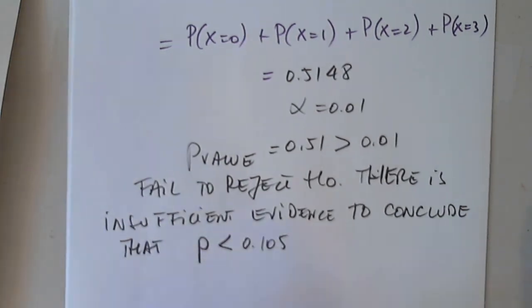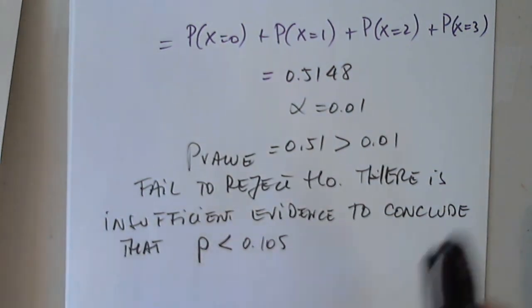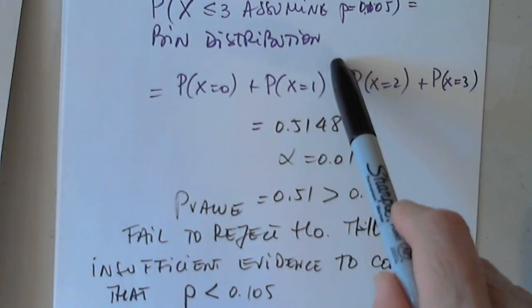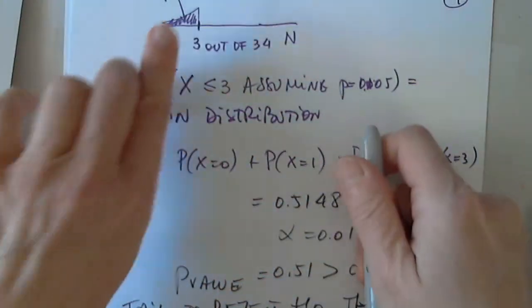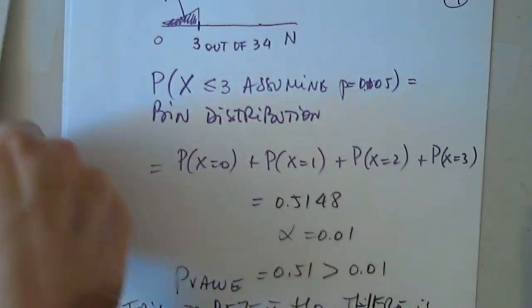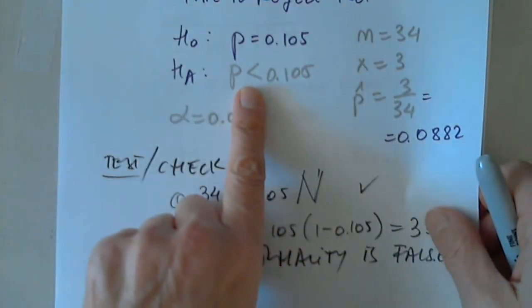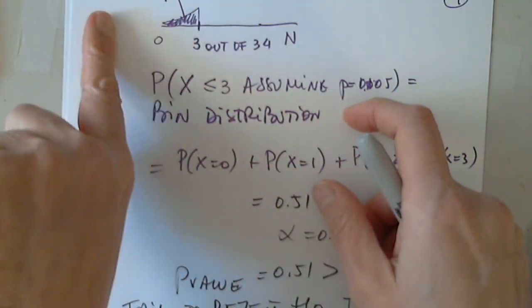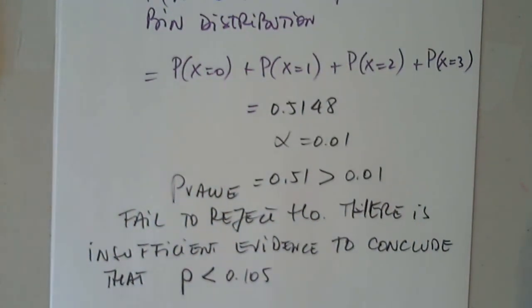So we still had a way of determining, but this time we had to go back to the binomial distribution and determine if less than 3. Why did I use less than 3? Because it's a left tail test. So is less than 3 usual or unusual?